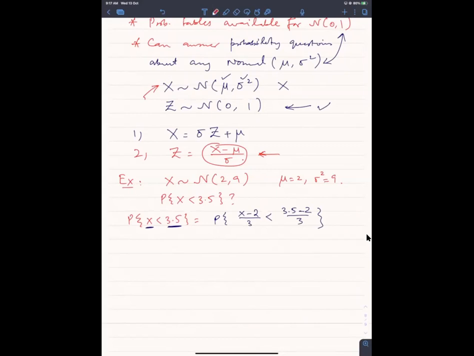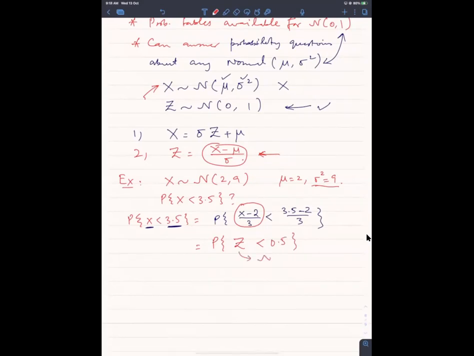However, if you look at this guy here, जो X में से उसका मीन माइनस हुआ है और स्टैंडर्ड डेविएशन से डिवाइड किया हुआ है, so this becomes a standard normal Z is less than (3.5 minus 2), which is 1.5, over 3, which is 0.5.